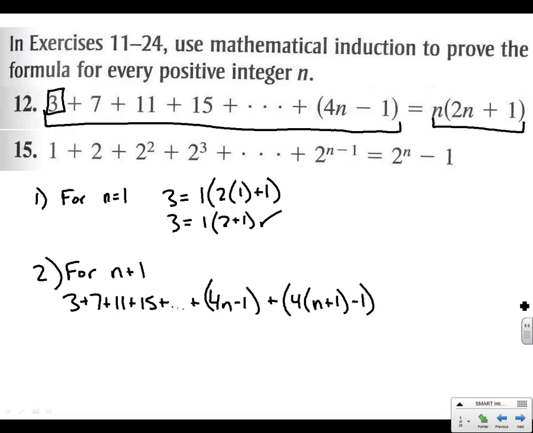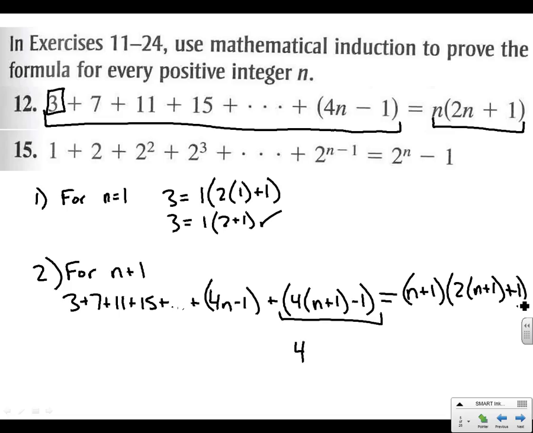Just replacing n with n plus 1. And we're going to make that equal to n plus 1 times 2 times n plus 1 plus 1. All right, so we added one extra term here, and that's equal on the right side to, instead of n, n plus 1. All right, so let's clean this up a little bit.